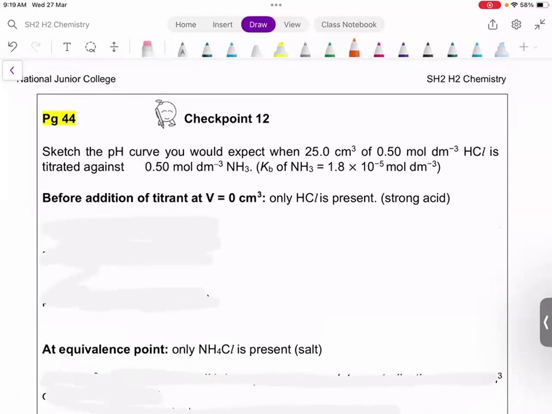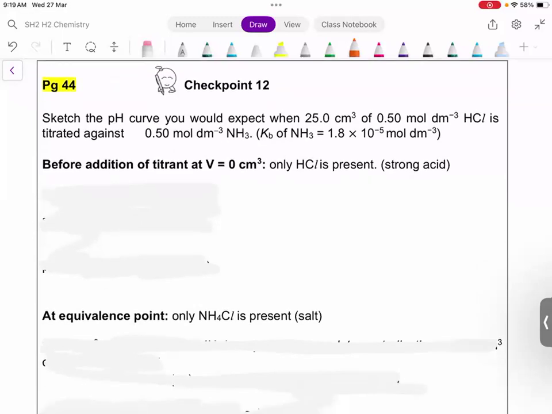This one is salt only, so you need to show the salt hydrolysis to account for this alkaline salt pH, to account for the pH at equivalence point. Done? 30 more seconds.